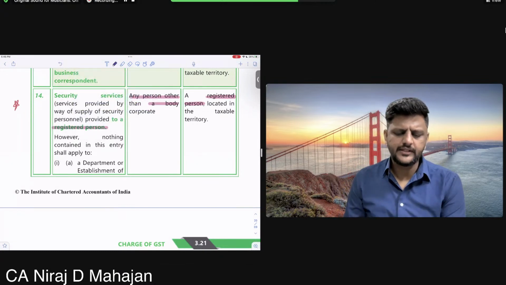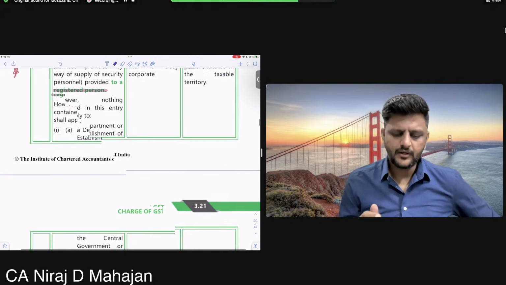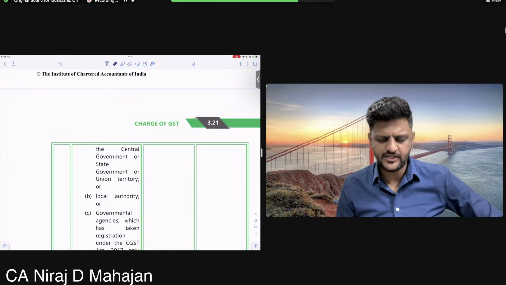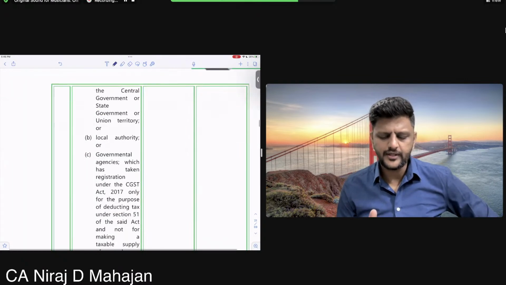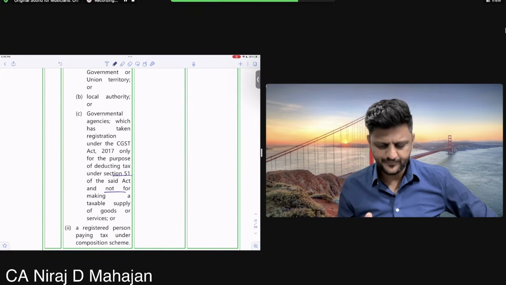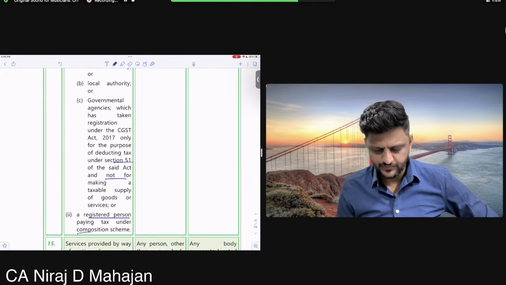However, nothing contained in this entry shall apply to a department or establishment of the government or CG, SG, UT or local authority or governmental agencies which has taken the registration only for the purpose of TDS or TCS and not for paying tax on any taxable supply. Okay? Or a registered person paying tax under composition.